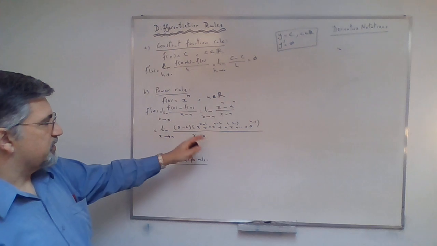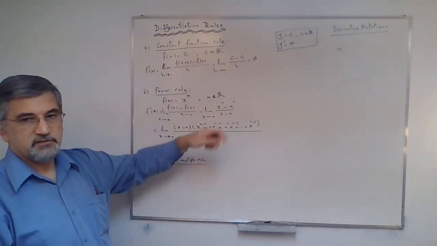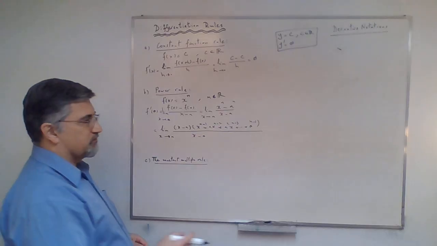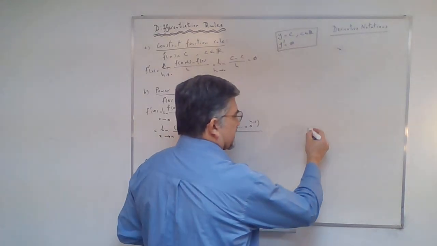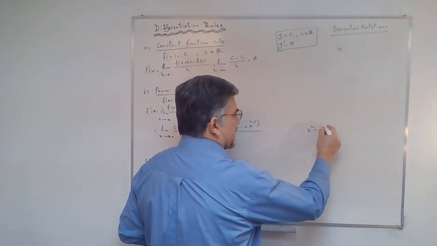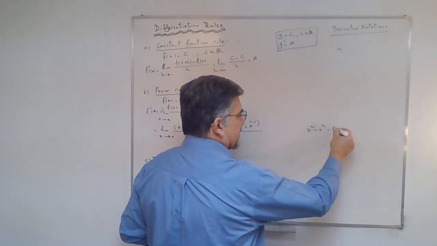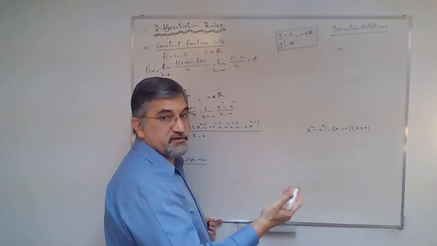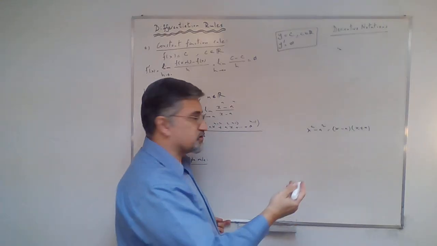Now, this formula for x to the n minus a to the n can be derived in different ways. For example, x squared minus a squared is x minus a times x plus a. That's the difference of squares, a very famous formula in algebra.